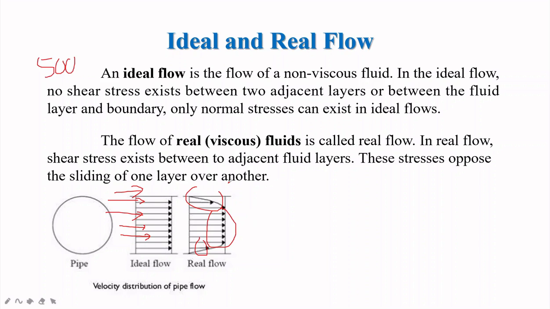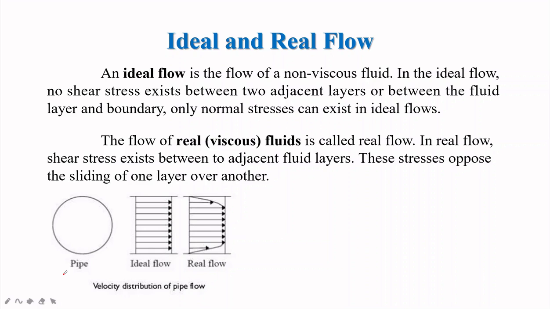He is not allowing them. He is just telling, why read, come let's play. He is also not studying and he is not allowing others to study. Those qualities will be there, and it is called a real fluid. If all of you get 500 marks, it is ideal.